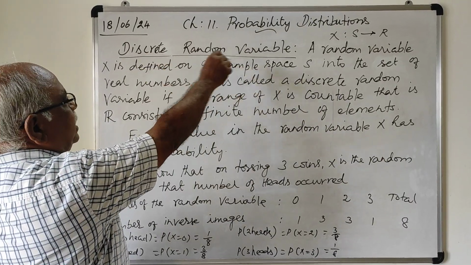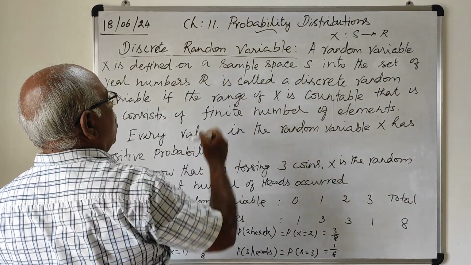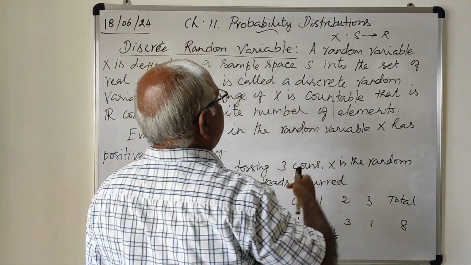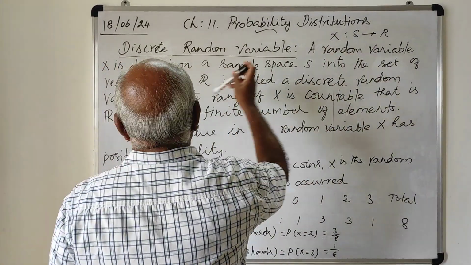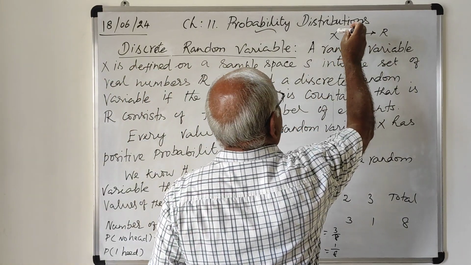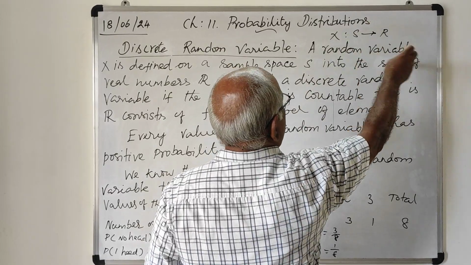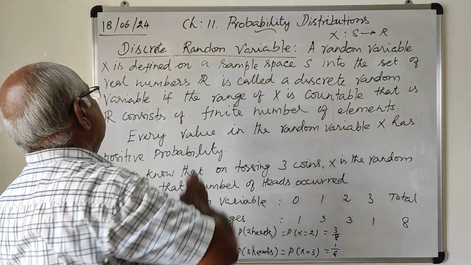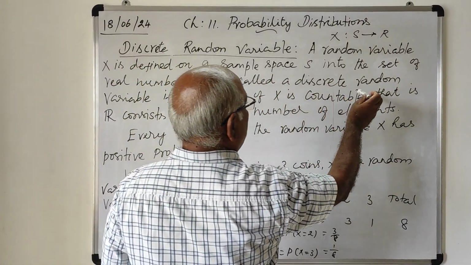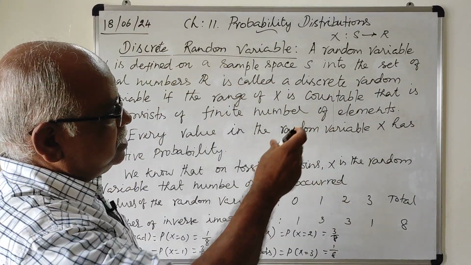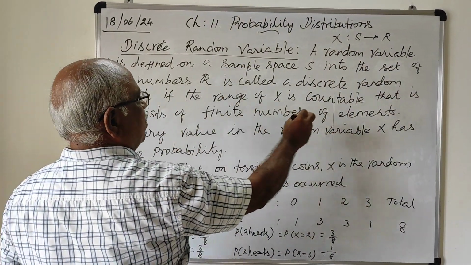See, a discrete random variable. A random variable X defined on a sample space S into the set of real numbers R is called a discrete random variable if the range of X is countable, that is, R consists of a finite number of elements only.